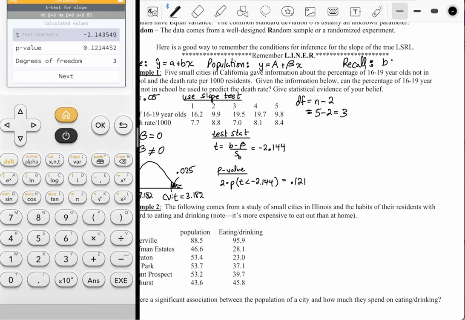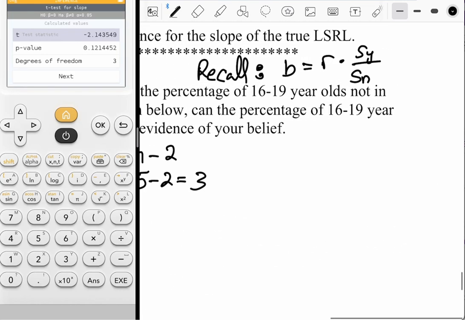So B is equal to R times Sy over Sx. The slope, you would get that by taking whatever your correlation coefficient is and multiplying it by Sy over Sx. But if I modify this, this they don't give you, but it's easy enough to do.